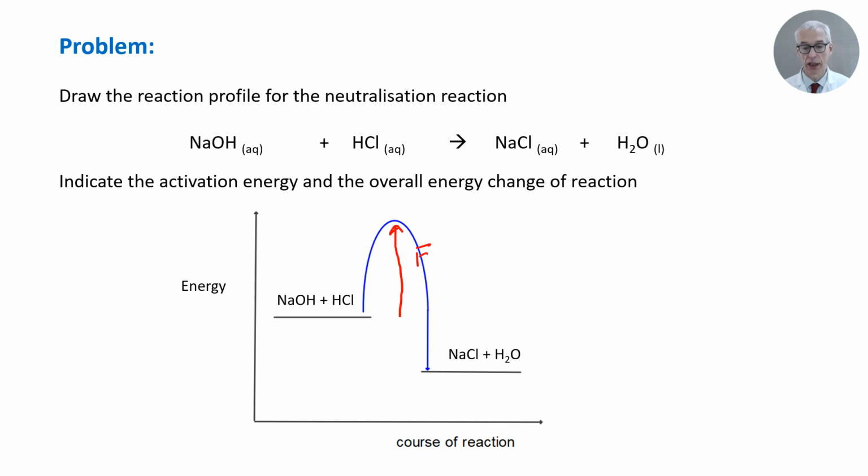If you've done rate of reaction, you know that activation energy is capital E, small a. The overall energy change of reaction, like so. Notice the chemicals involved: rather than reactants and products, we write the actual identities of the chemical species in the chemical reaction.